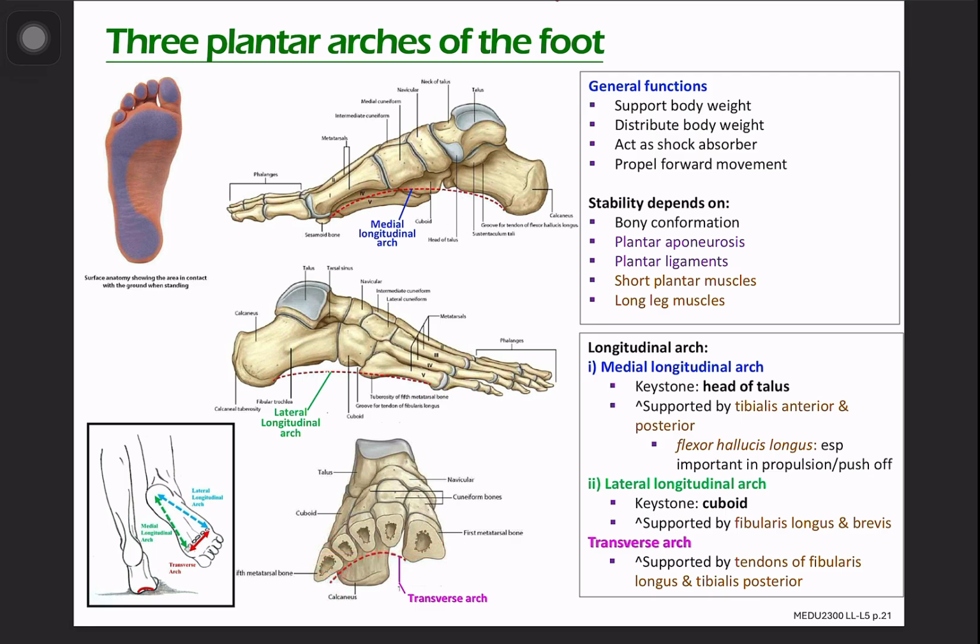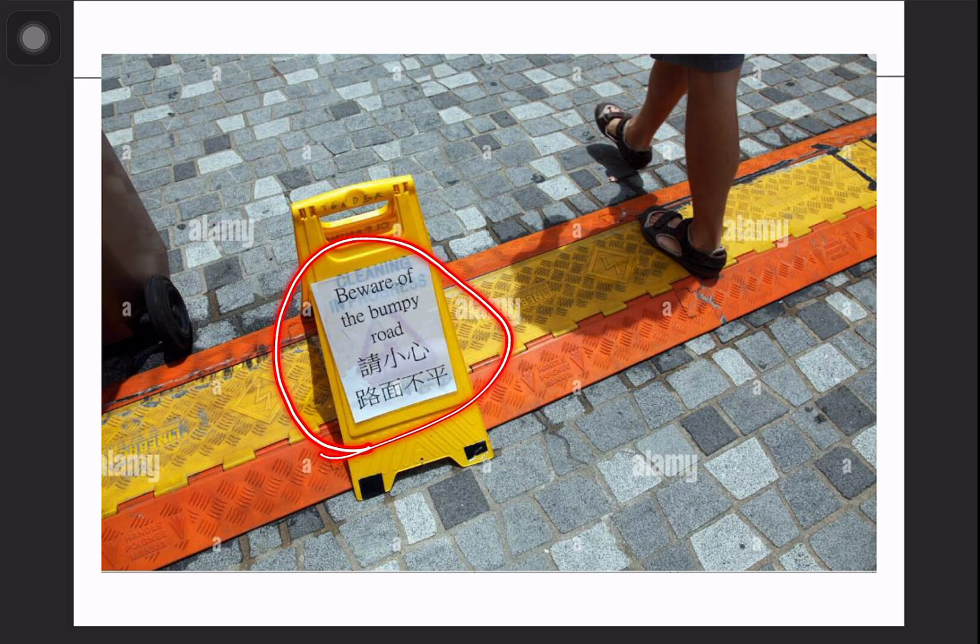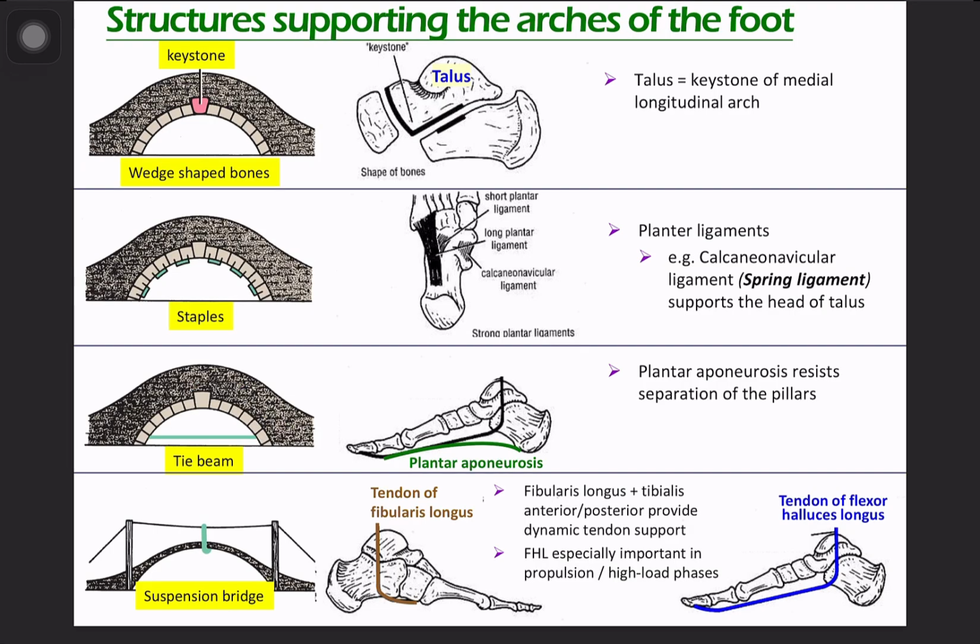As a whole, these three arches serve several functions: they support and distribute our body weight, they act as shock absorbers during walking and running, they help propel the body forward during locomotion, and they also maintain balance, especially on uneven surfaces. You may have to exercise these arches to keep our body well balanced. The stability of these arches depends on several factors.